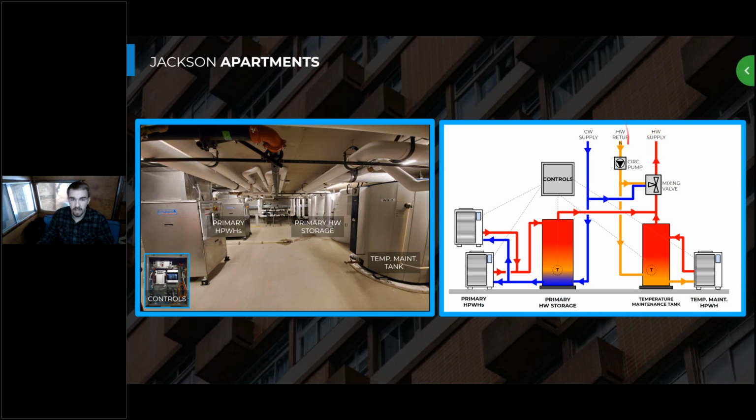So we're circulating that, and as it cools slightly through this loop, it's being returned to the temperature maintenance system to be reheated up to that high temperature, so then it can send it back out to the loop. And this temperature maintenance heat pump is designed so it can heat that warm water up to the higher temperature in parallel with these primary heat pumps that can heat more efficiently, but they always have really cold water coming in.